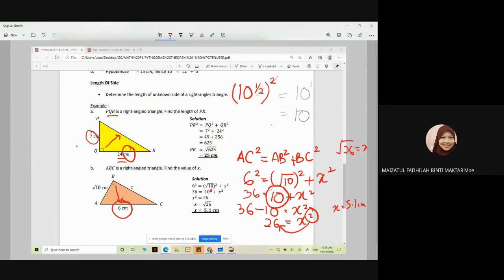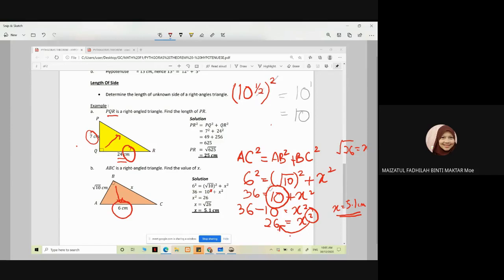Depending on the question, whether you want to stick to 1, 2 or 3 decimal places. So the answer is 5.1 cm. I hope you understand this explanation on how to define a right angle triangle. But this one doesn't have a combination of geometric shapes. So we can see the next one.